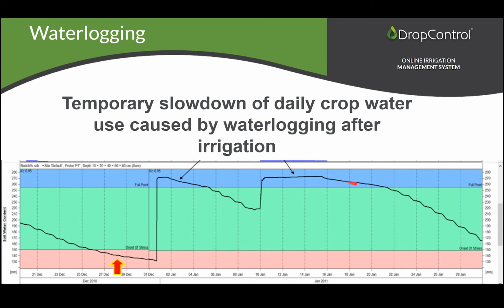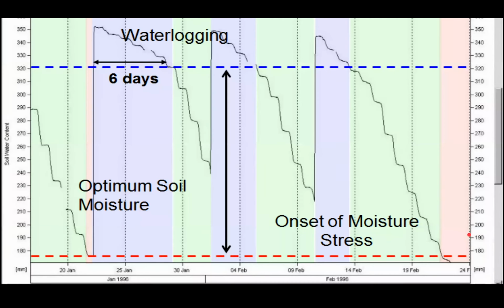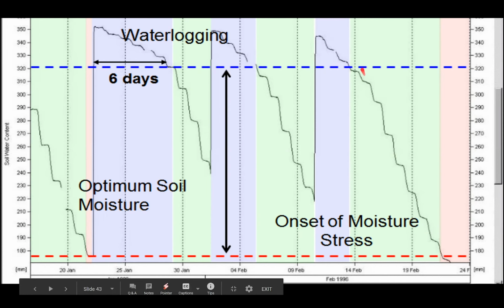In total, these two events were like 15 days that the grower had the plants in water logging, and they were not drinking until they got to that sweet spot, or close to field capacity, where the plants can start drinking the water and you can start seeing the dynamics. So you want to avoid that water logging as well, and reduce the days. Even if you're flood irrigating or whatever irrigation method is, reduce the days of water logging as much as possible, so you can get that good water oxygen equilibrium in the soil to maximize water consumption.